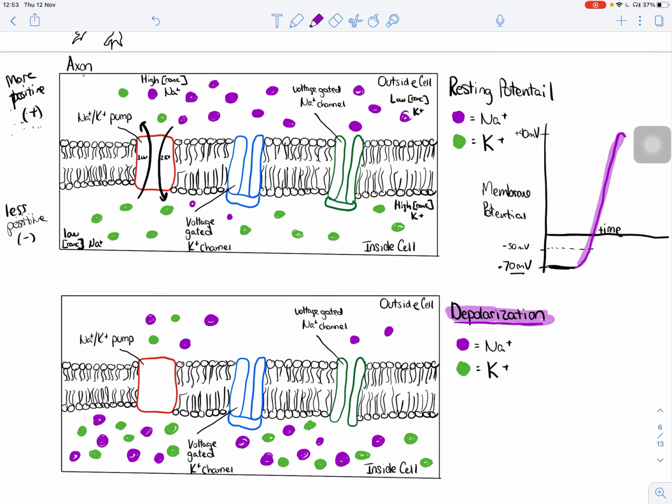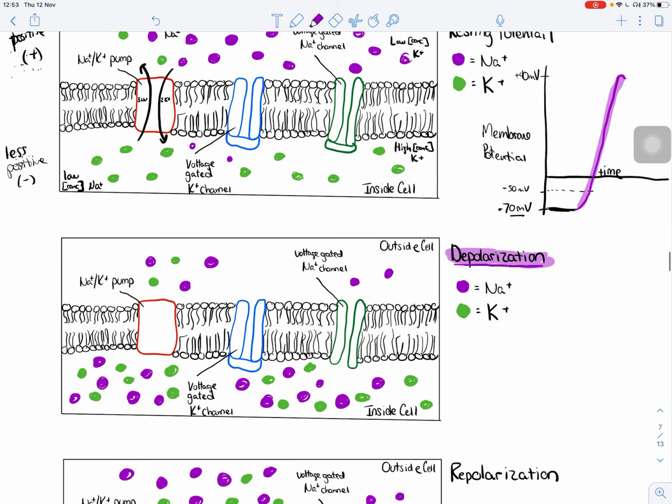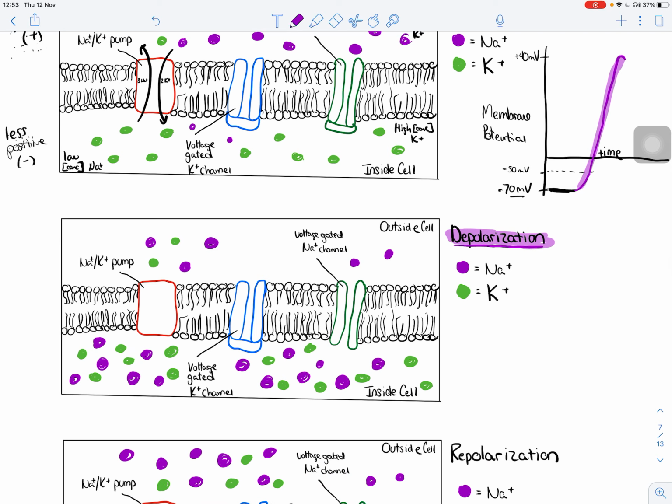What happens during depolarization is the sodium-potassium pump is still doing its thing, moving 3 Na out, 2 K+ in, but this voltage-gated channel, which was closed right here, opens here.